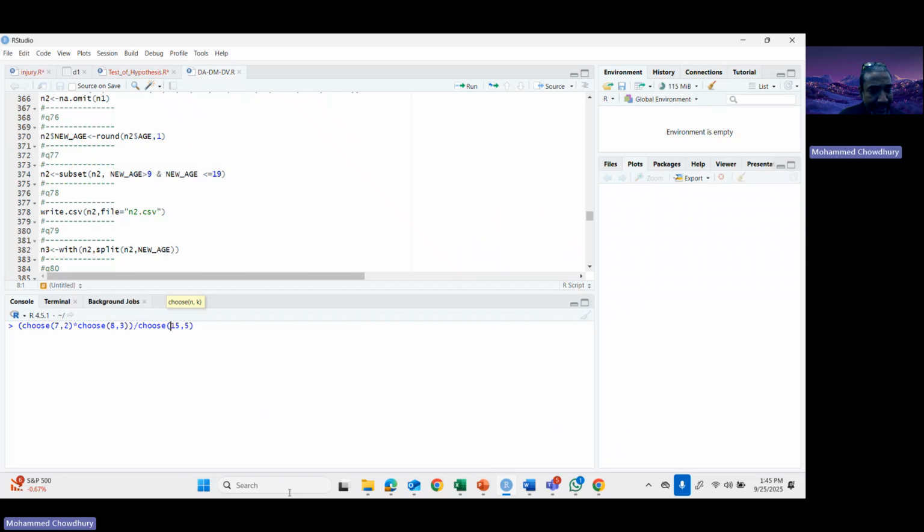Then I keep adding: 7 choose 3 and 8 choose 2, then 7 choose 4 and 8 choose 1, and then 7 choose 5 and 8 choose 0.